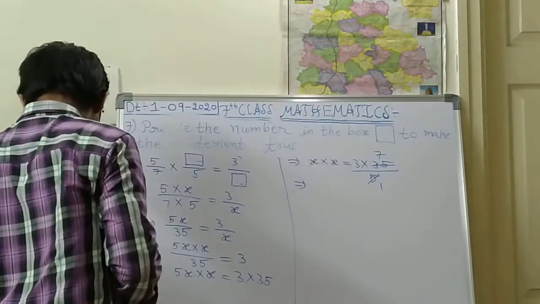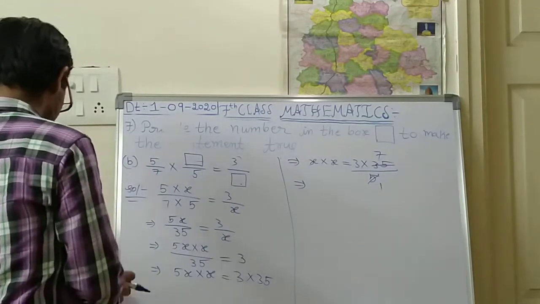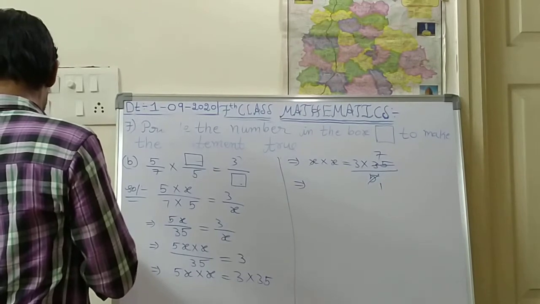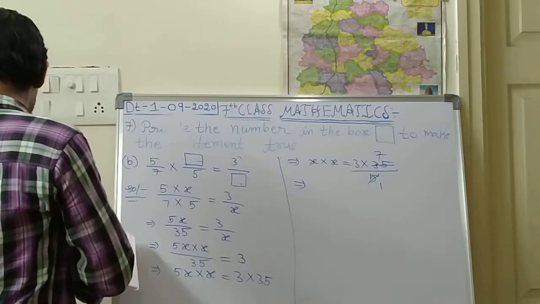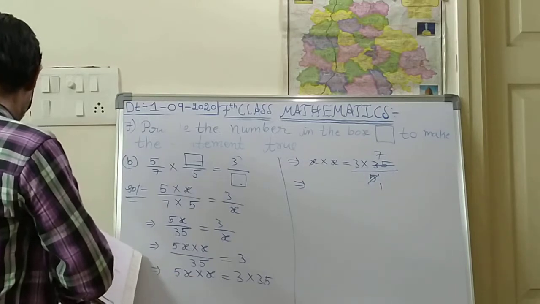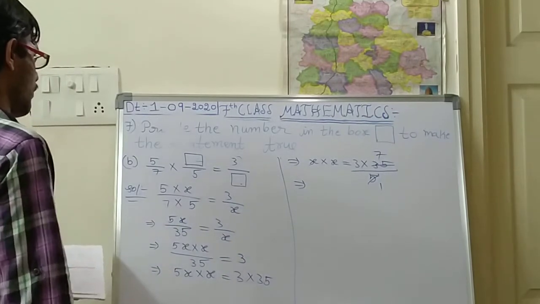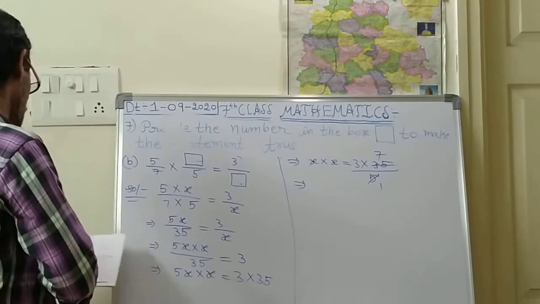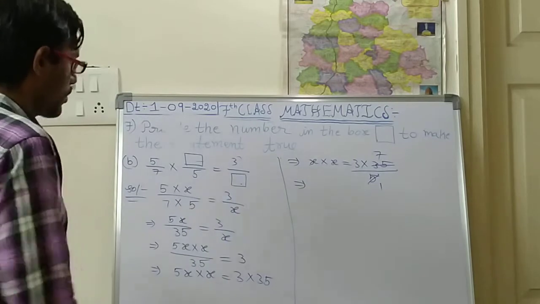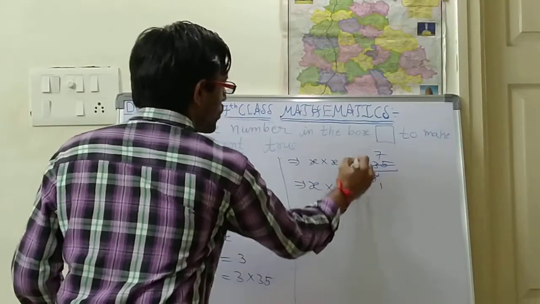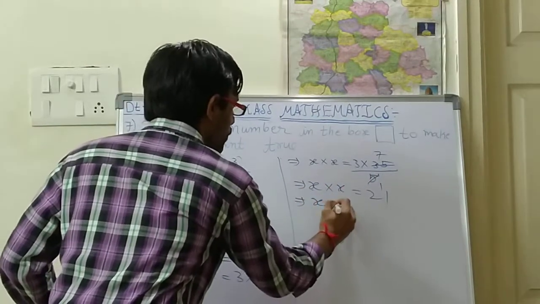So x into x is equal to 3 into 7, which is 21. So x into x is equal to 21.